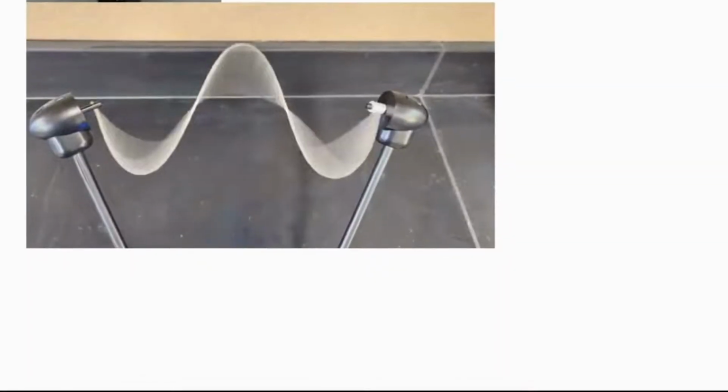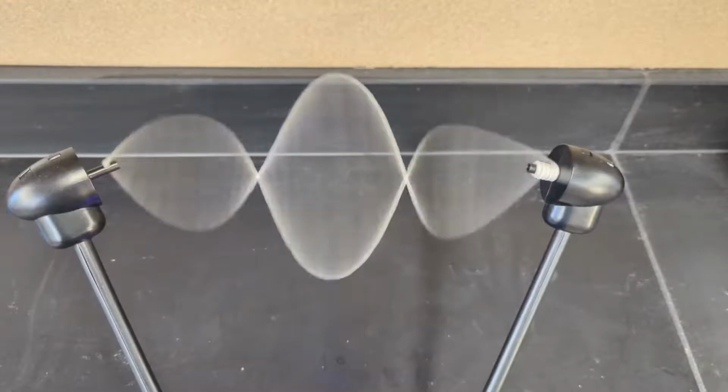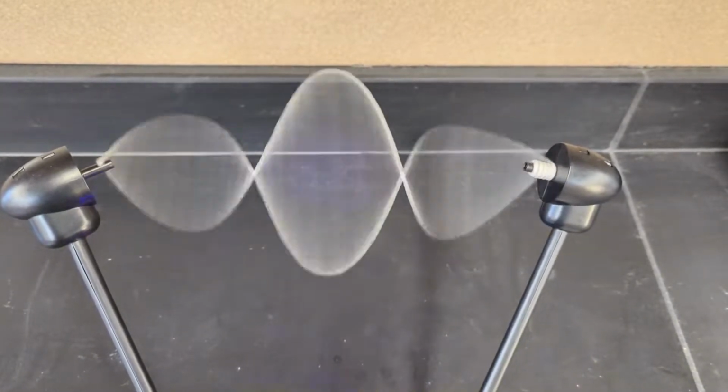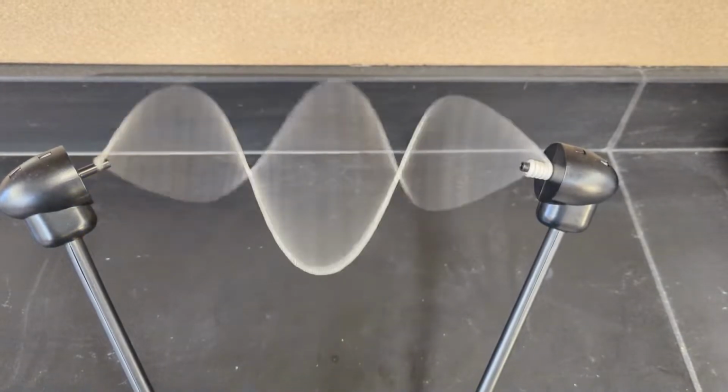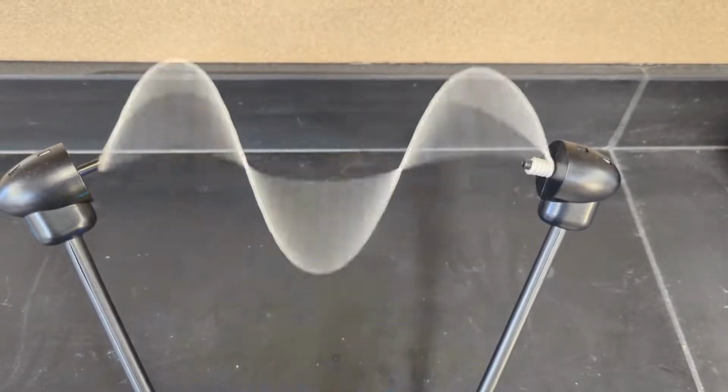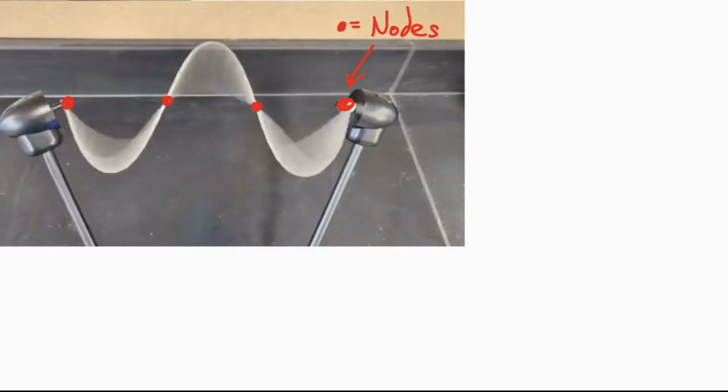And what about if it's like this now? Let's watch that video. Notice the nodes are not moving at all, and that at both ends there is a node. All right, so now I have 4 nodes here. And if I look at that, I can see there's one wavelength here plus a half of a wavelength. So that means whatever the length of my string is, it's 1.5 wavelengths.